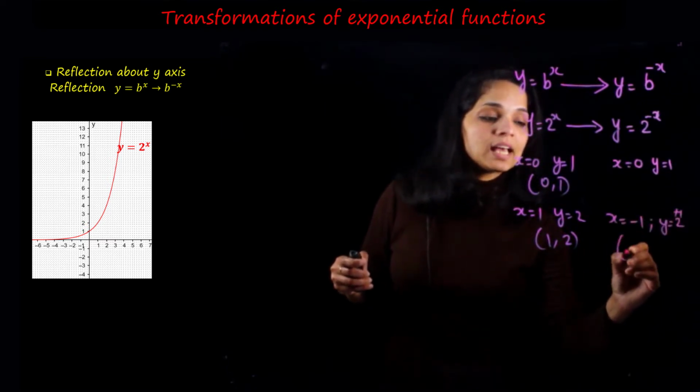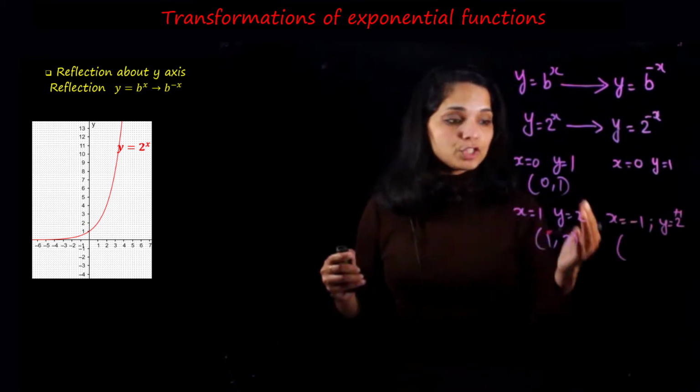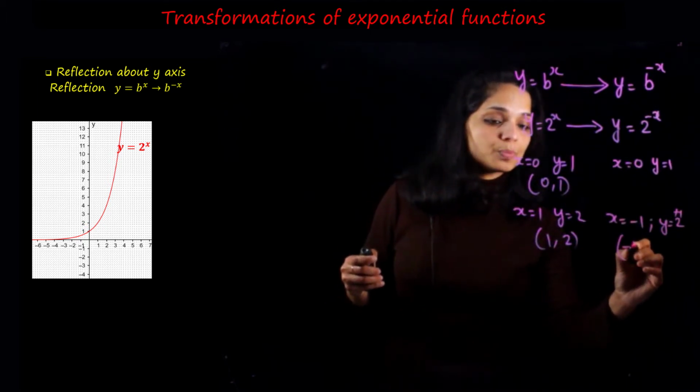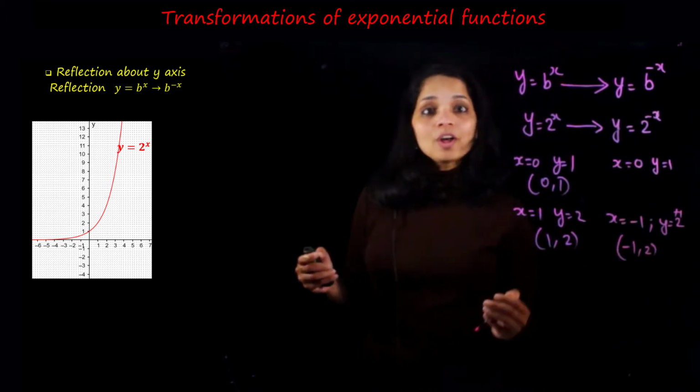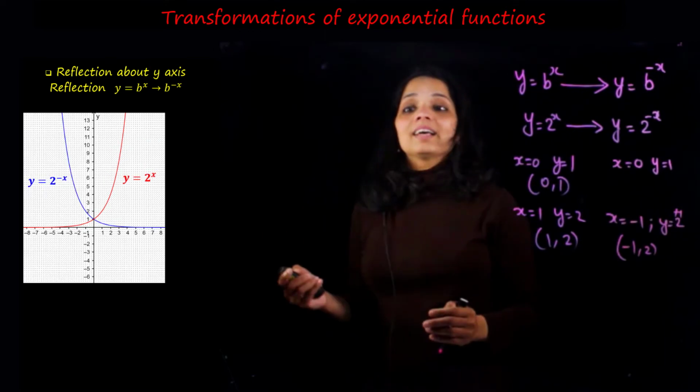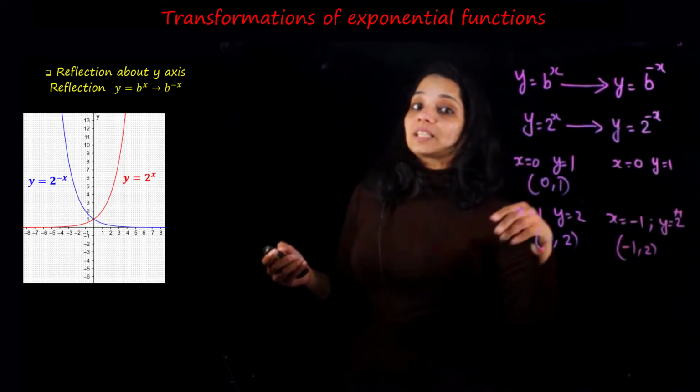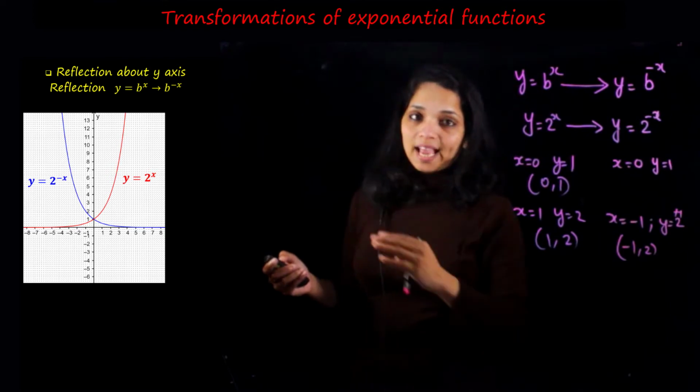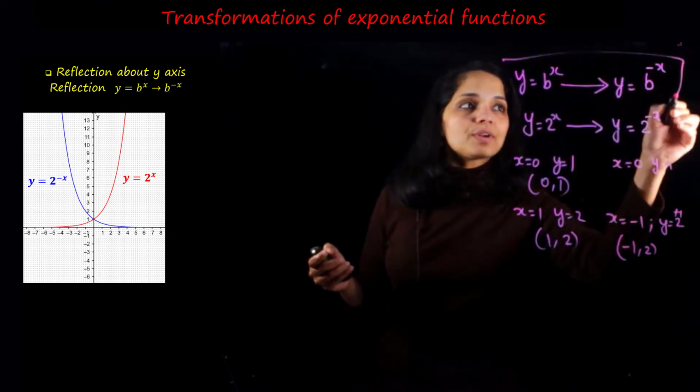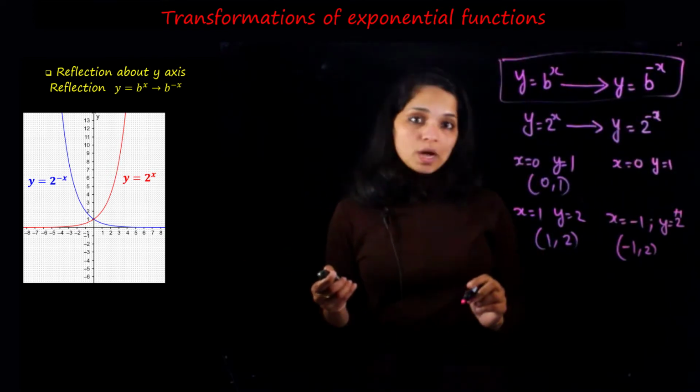So the other point is (minus 1, 2). This graph looks like a graph reflected about the y-axis. So this gives the reflection about the y-axis.